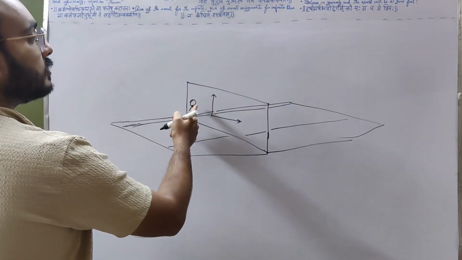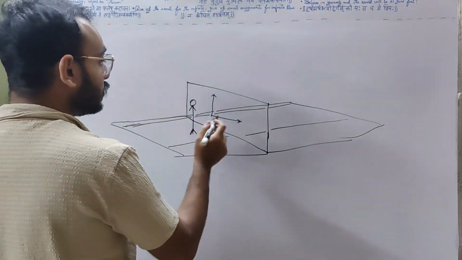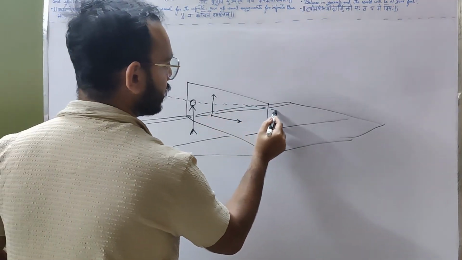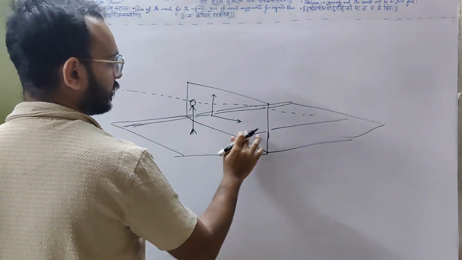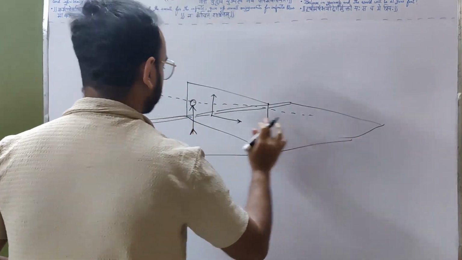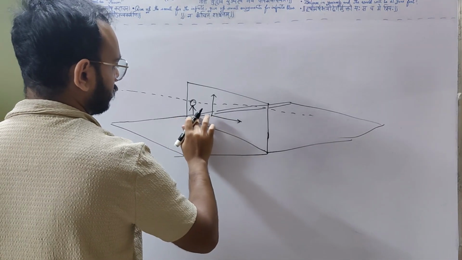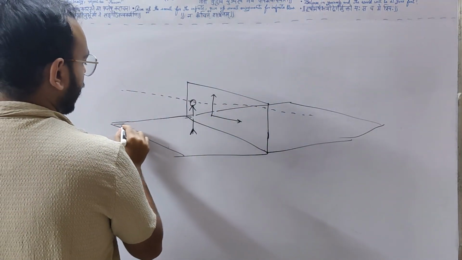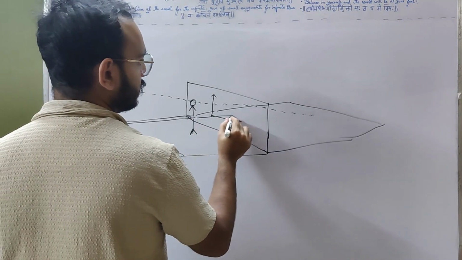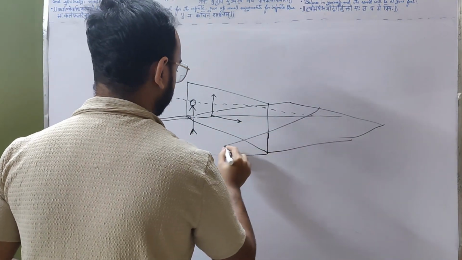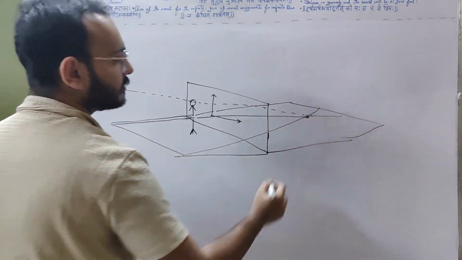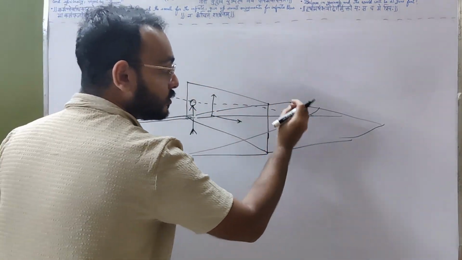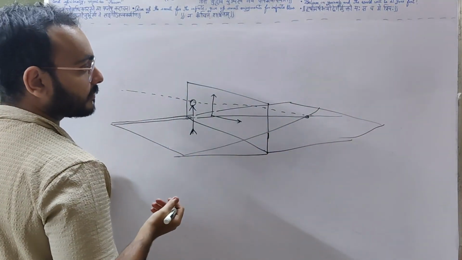But I am looking towards the further end of the road. While looking, my line of sight is somehow going towards this point. And hence, the parallel lines seem to converge at this point, this very point. So in projective geometry, a line of sight corresponds to a point on this projective plane.